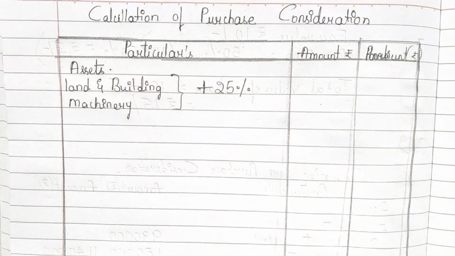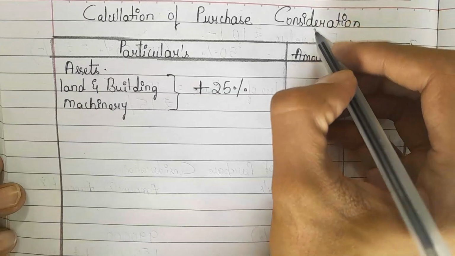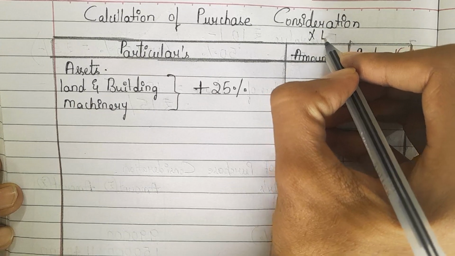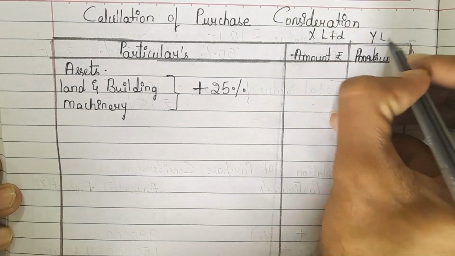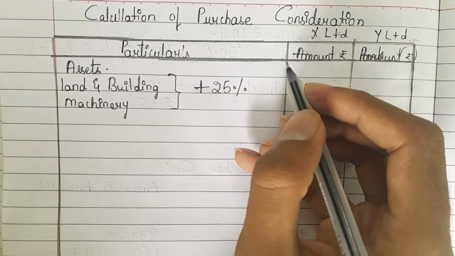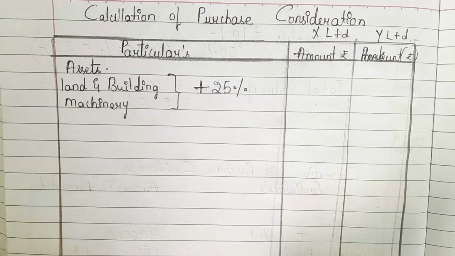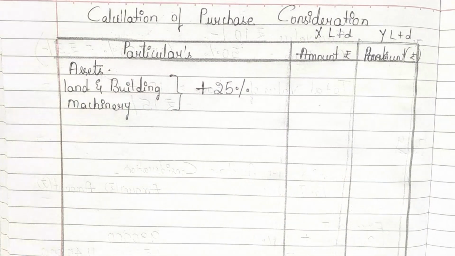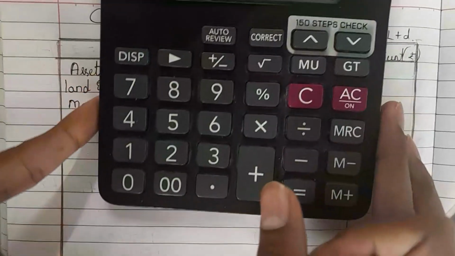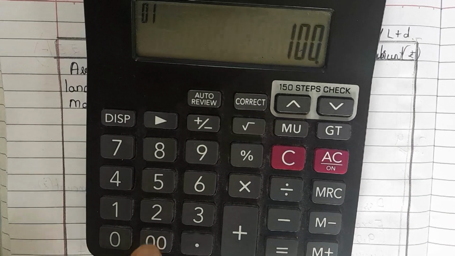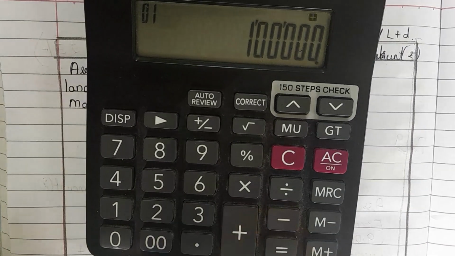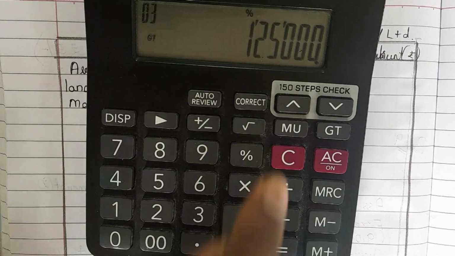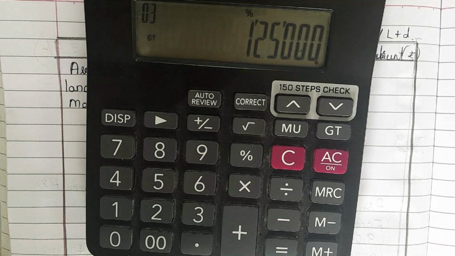Now, this is X Limited, and this is Y Limited. X Limited company in the balance sheet has given 1 lakh as the value. So for that 1 lakh, you need to add 25%. It will be 1,25,000.